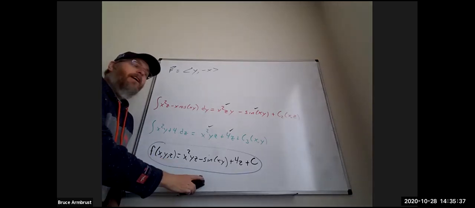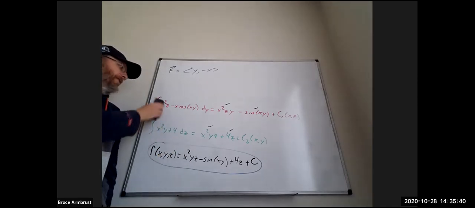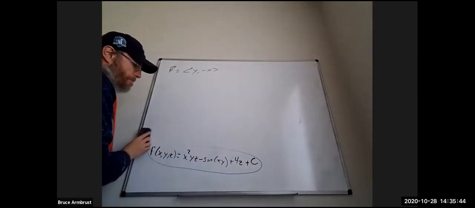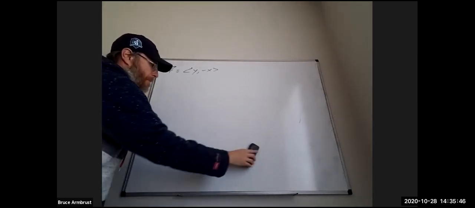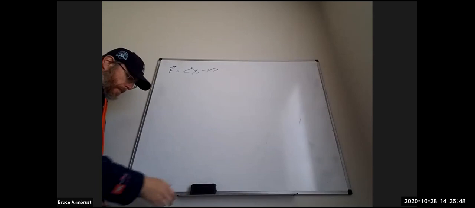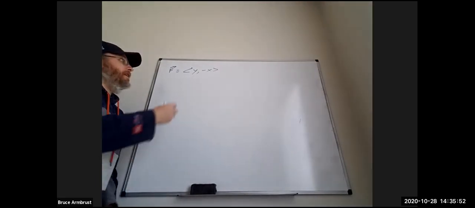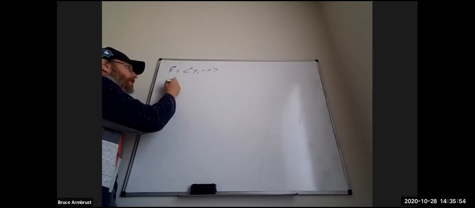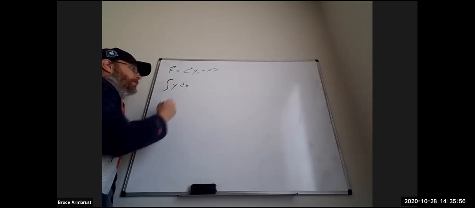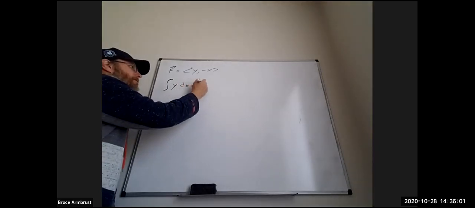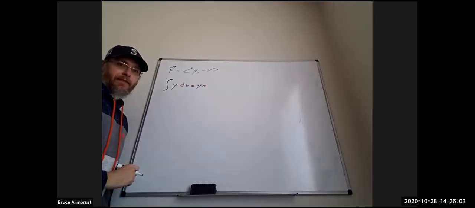All right, so what I want to do is find a potential function for this. Easy enough, right? So if we try to find a potential function for this, we're going to have to integrate y with respect to x. Well, that's a nice quick yx.